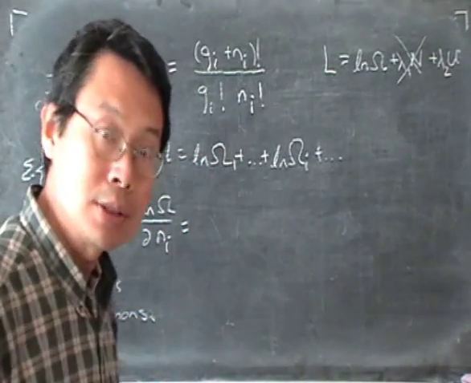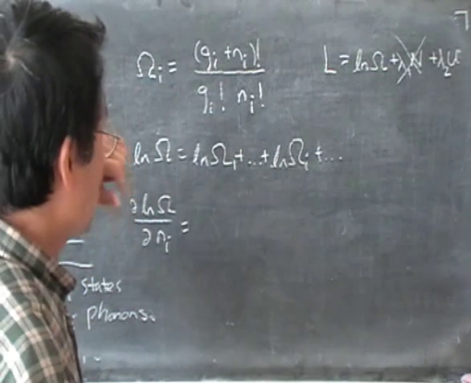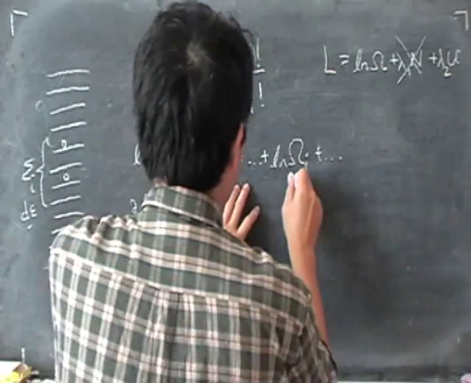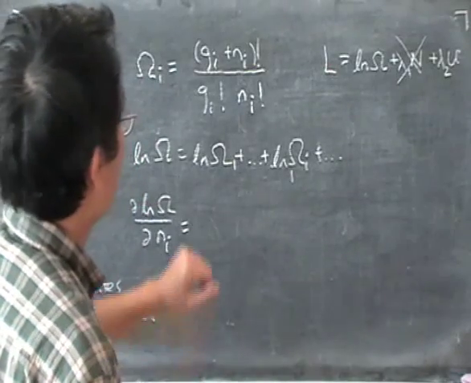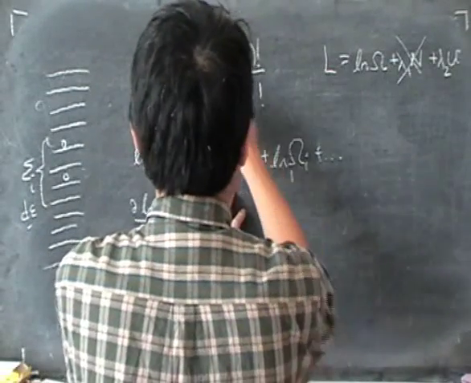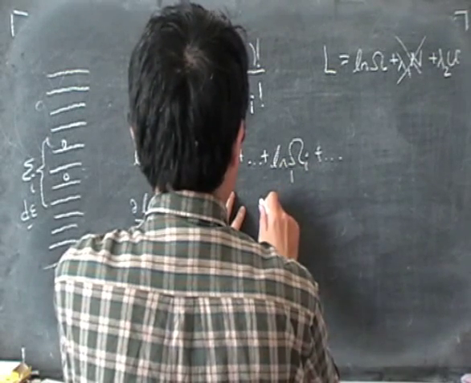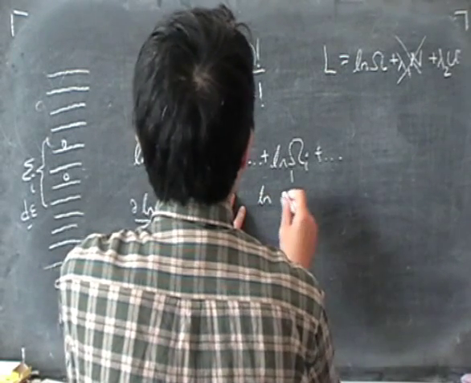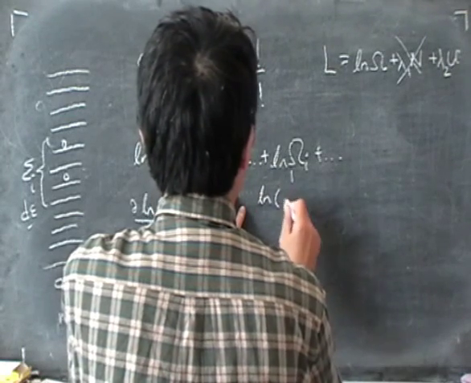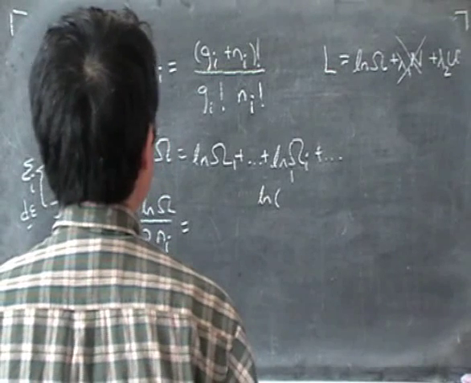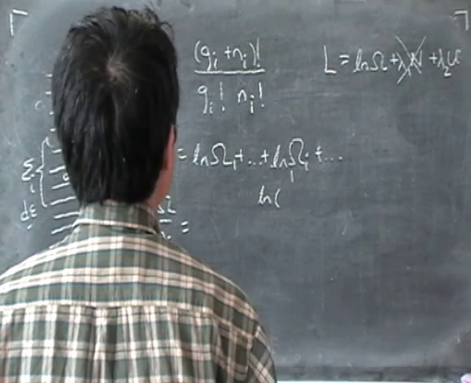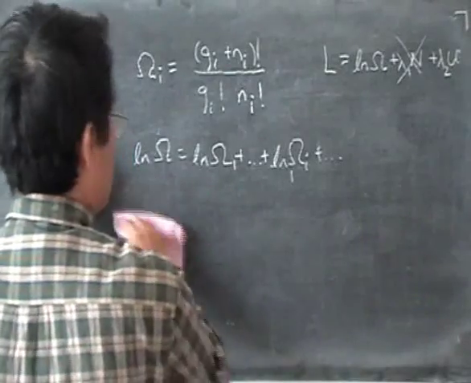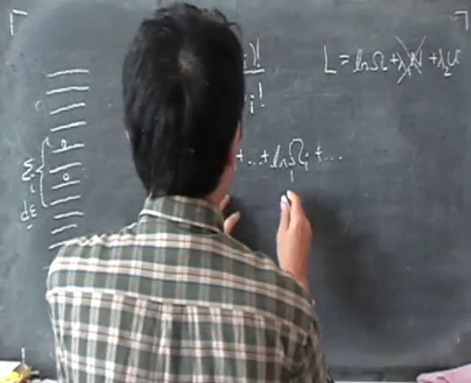we use Stirling's approximation. Now Stirling's approximation, if you recall, would give, when you take the log of this, let me just write this part out first.